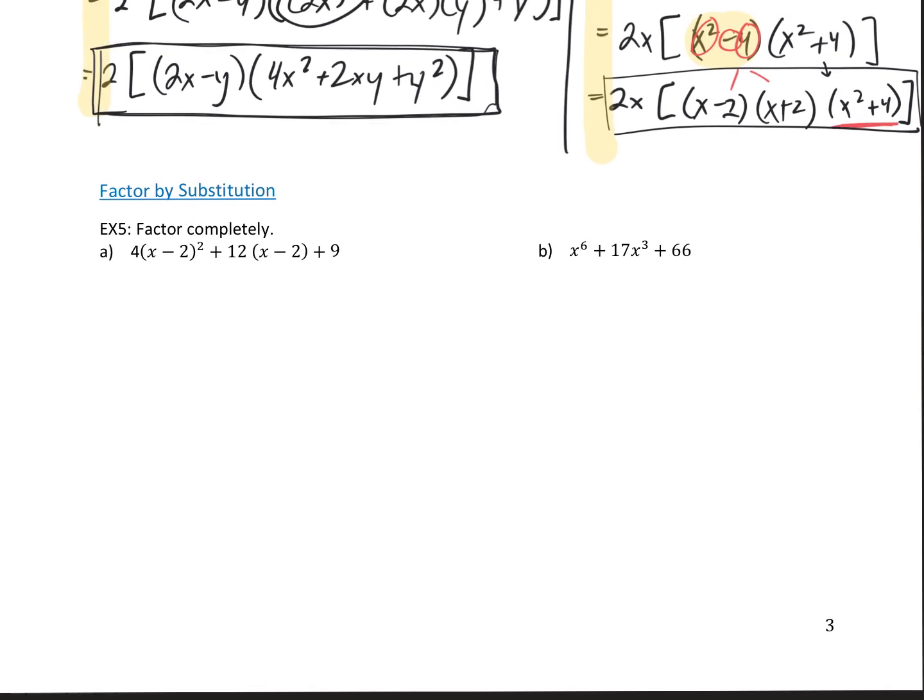The last thing we're going to do is factoring by substitution. Okay, factor completely. Well, factoring by substitution, it basically is what its name says. You're going to substitute something in, and we do this to try and make the problem easier. So, how do we usually do it? Well, we're going to pick, usually we use a u, other people use different things.